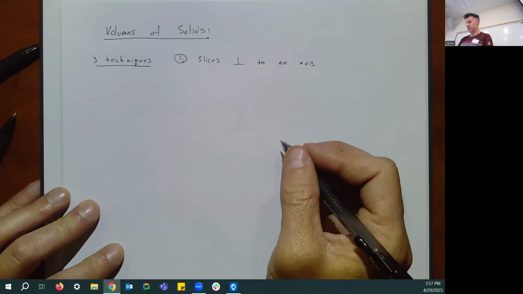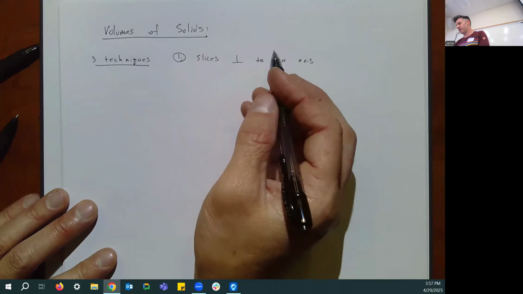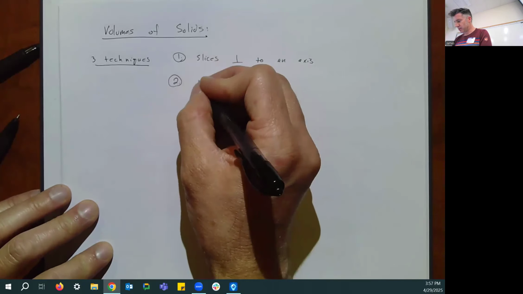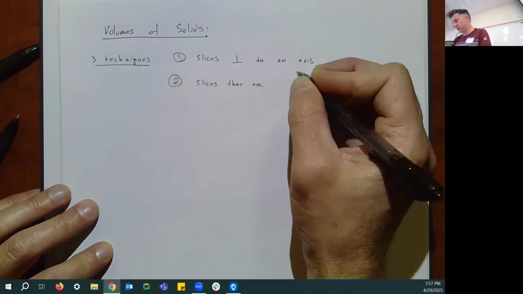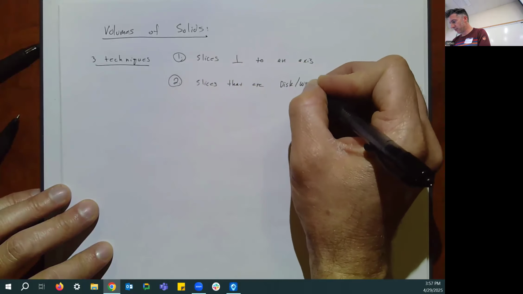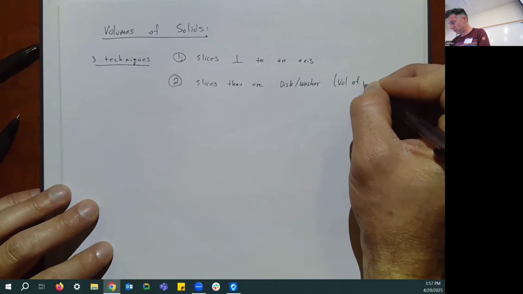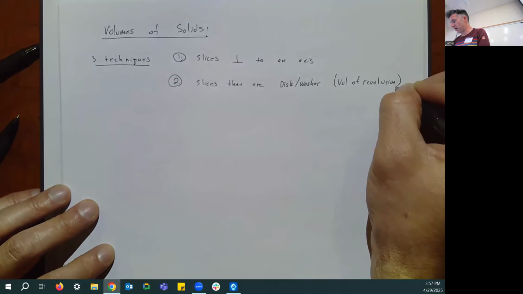And then this is probably the one that everyone hates the most. I'll just say it straight up. We'll talk about this example first. And then the second type are going to be slices that are either disks or washers. These are typically called volumes of revolution, because you get it by revolving some area around an axis.